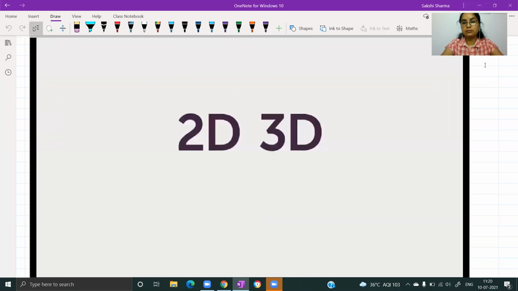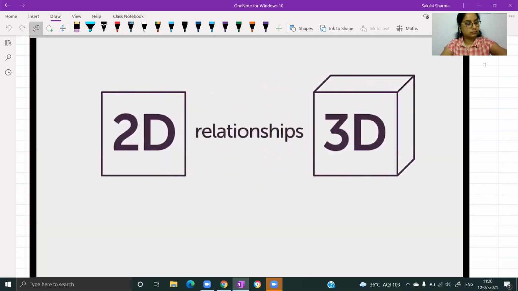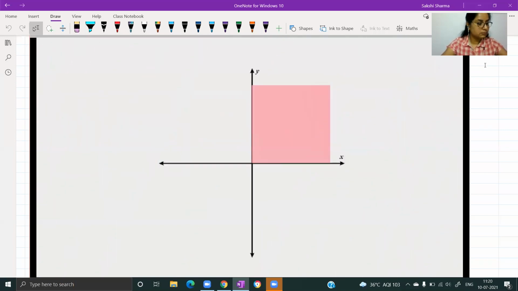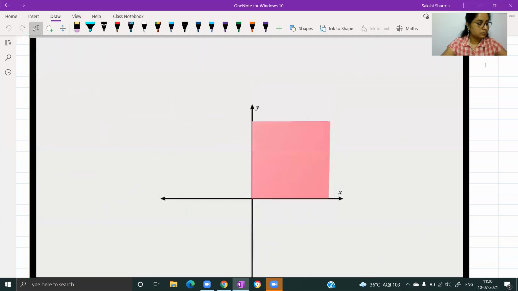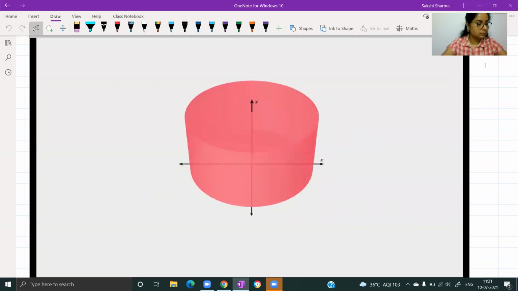There are a number of relationships between two-dimensional shapes and three-dimensional figures. One relationship is the rotation of a 2D shape. Rotating a two-dimensional shape around an axis will create a three-dimensional figure. For instance, if you are given a square and you rotate the square about the y-axis or vertical axis, you will create a cylinder.